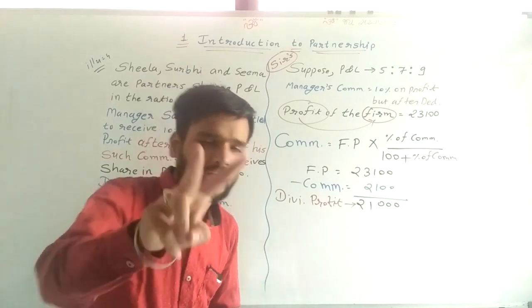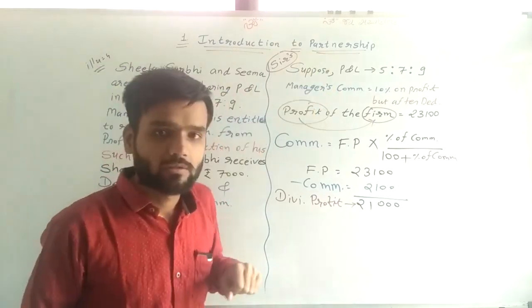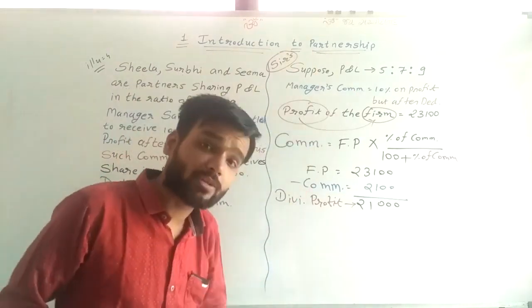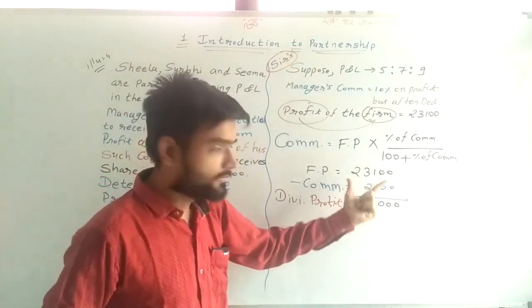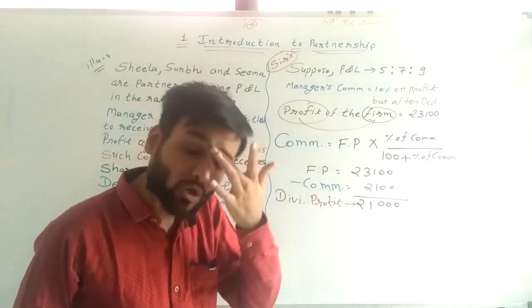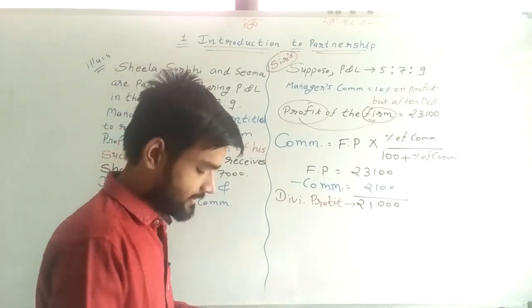Now, the second question is also clear. Suppose your question is to find the divisible profit. Then first of all we need to find the commission. After that, from the firm's profit we deduct the commission and get the divisible profit. And what is the other name of divisible profit?